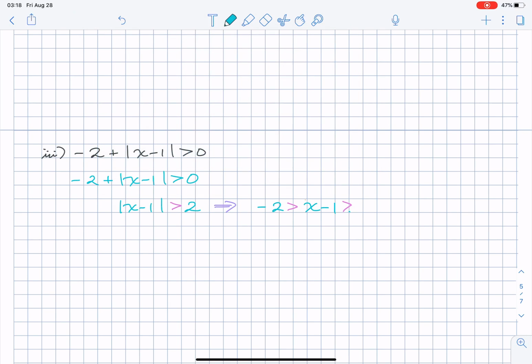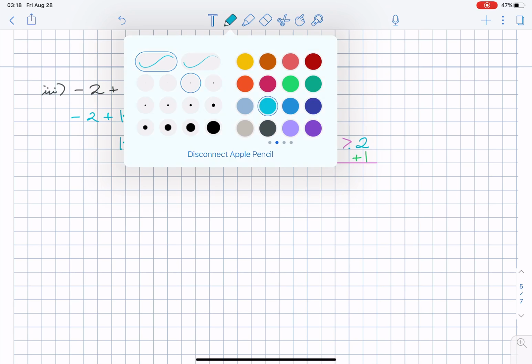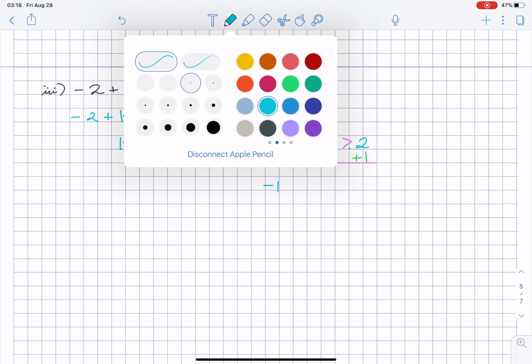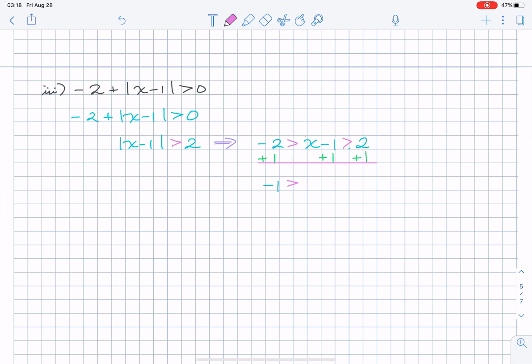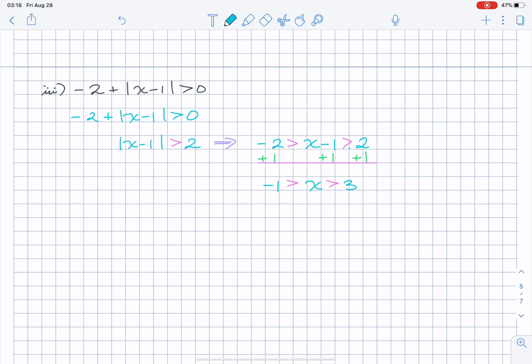Okay, now that I've put the -1 back in, this will be different. I'll add 1 to all 3 sides. And now let's see what it really should be. Let's see if I get this right. Okay, so -1 on the left is greater than x in the middle, which is greater than 3 on the right, and I believe that's what we had up there, but I'll check it in a moment.